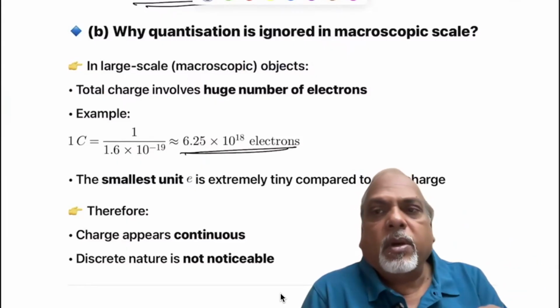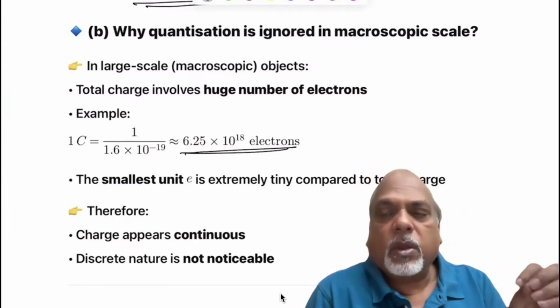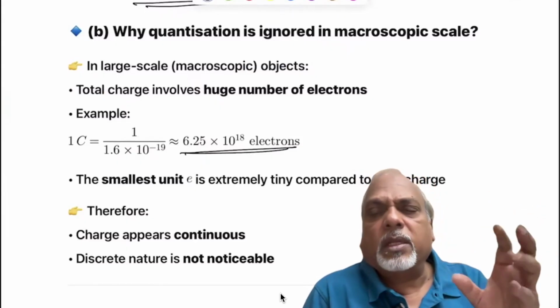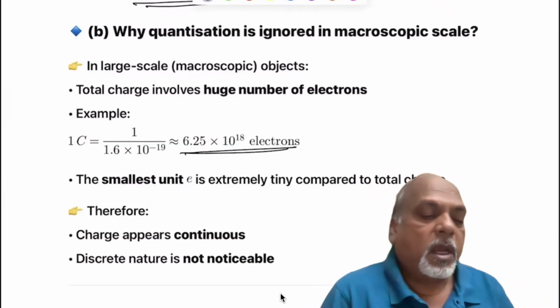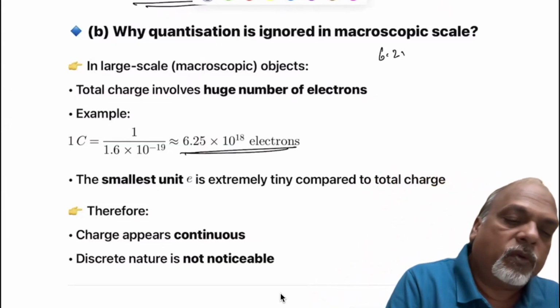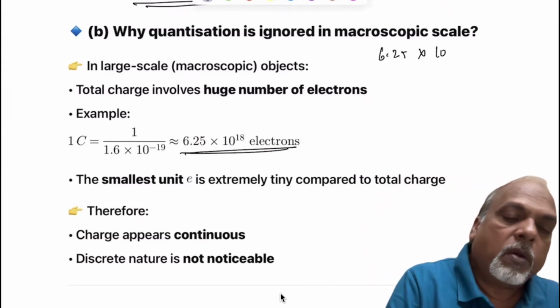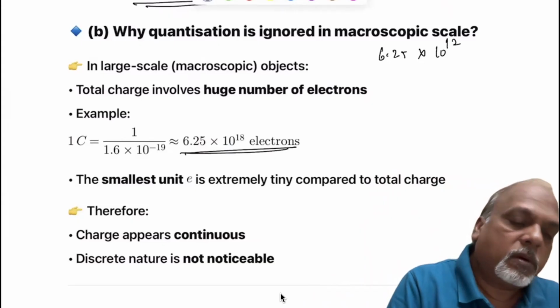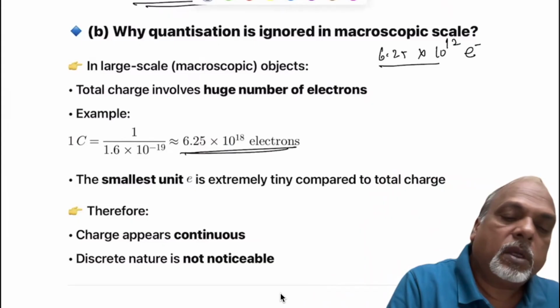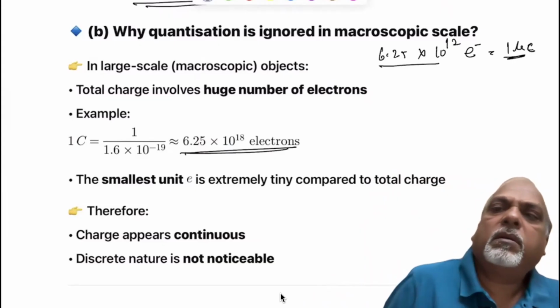A large number of electrons are there in a charge. Suppose 1 coulomb is a very big charge. Even if you take a microcoulomb, you will find 6.25 into 10 raised to 12 electrons in 1 microcoulomb. This is a very big figure.